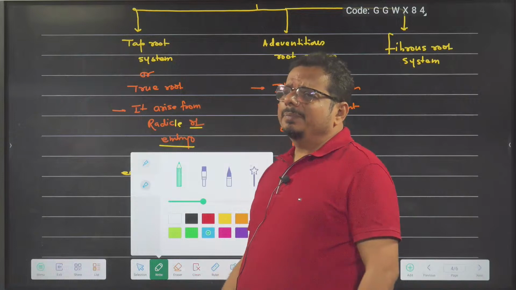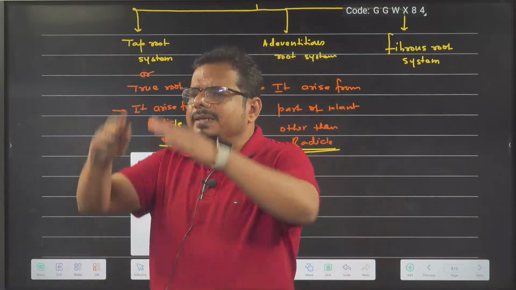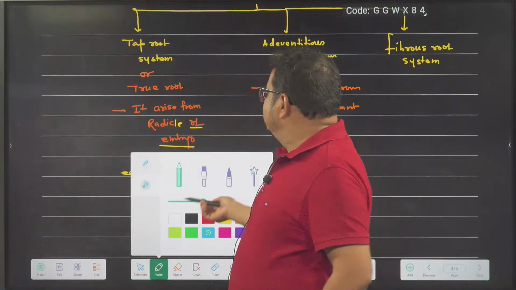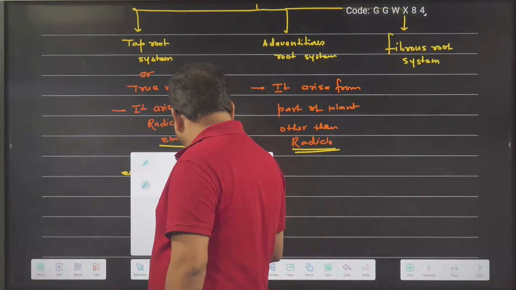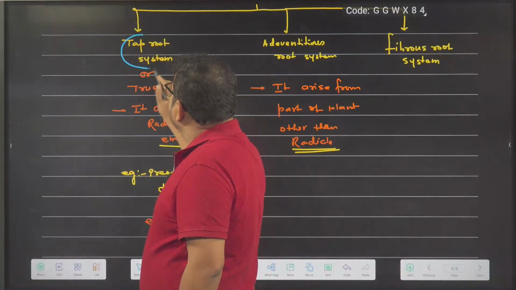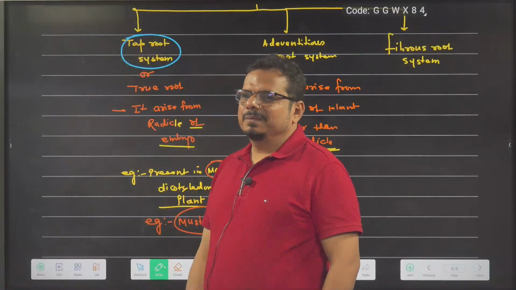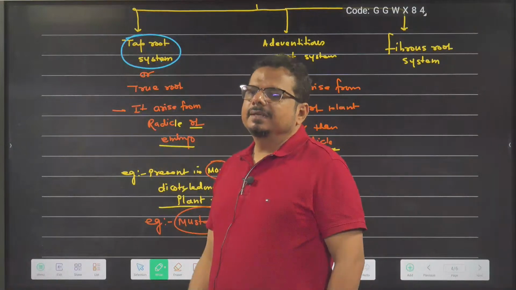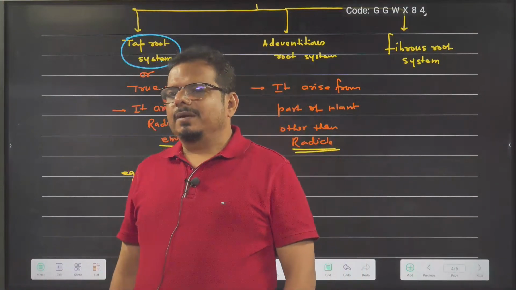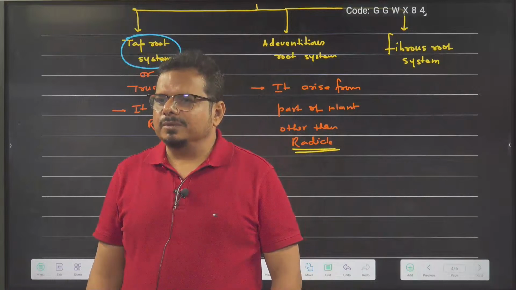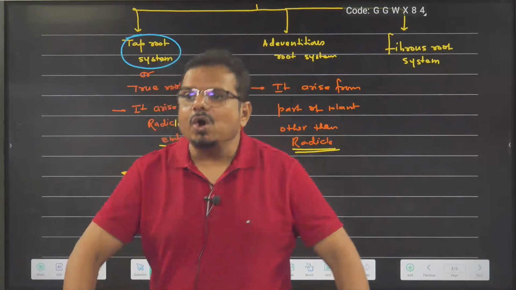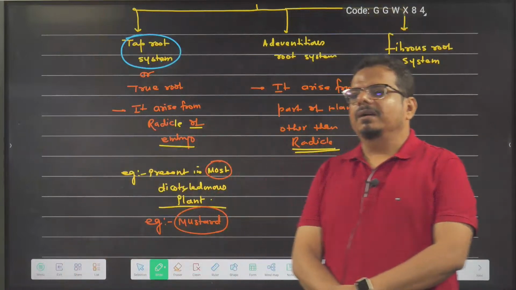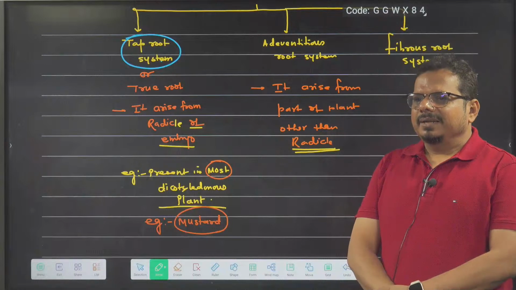Suppose that any person is even doing a PhD in root morphology, suppose anyone doing their PhD in tap root system, means only studying for 3-4 years about tap root system. Besides that, it is not possible for that person to see all the dicot plants. Got the idea?